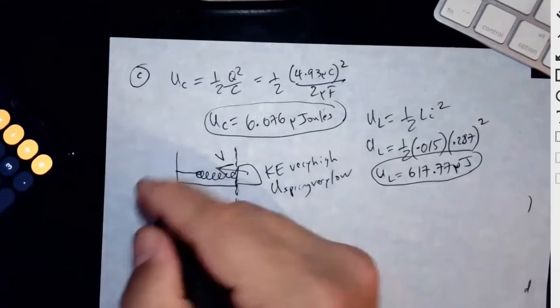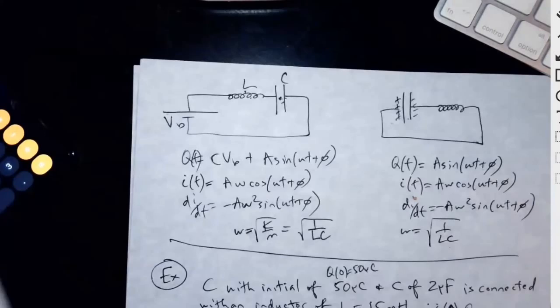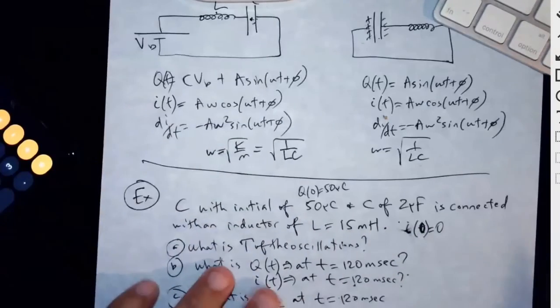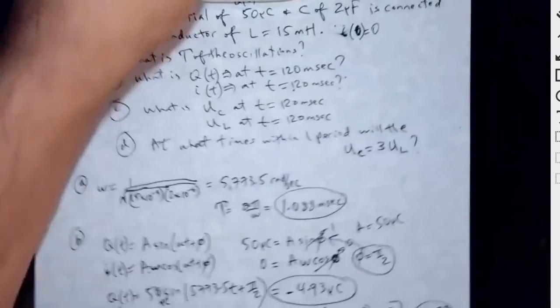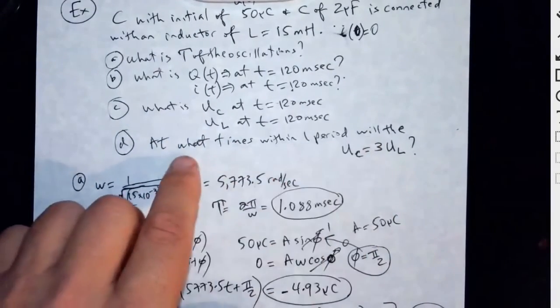Okay, question D was, when is the energy of the capacitor 3 times the energy of the inductor within the first period of the motion?